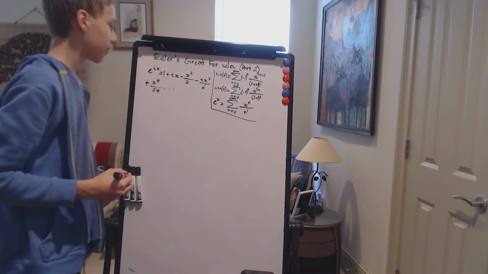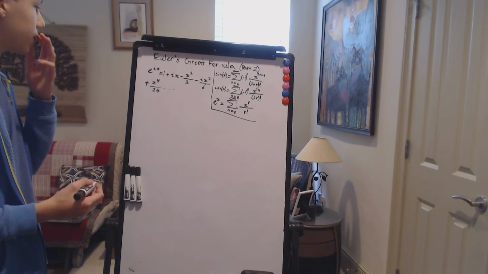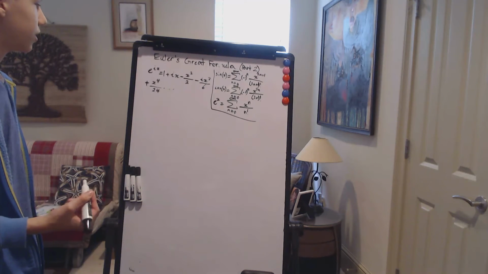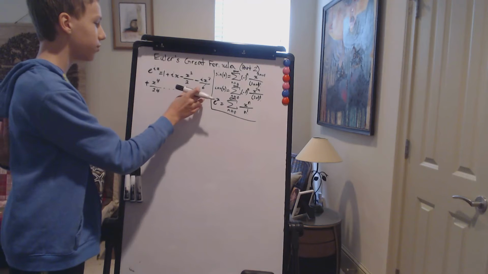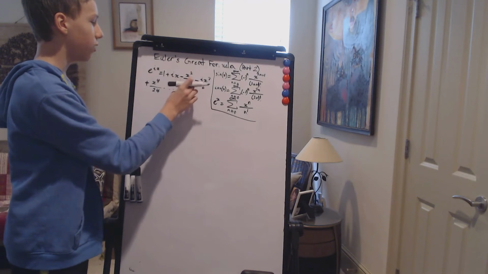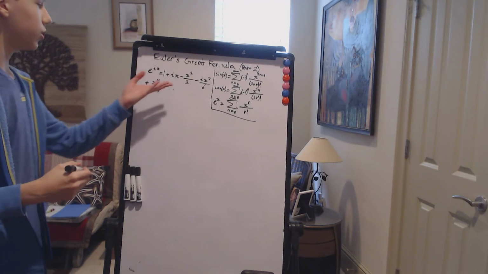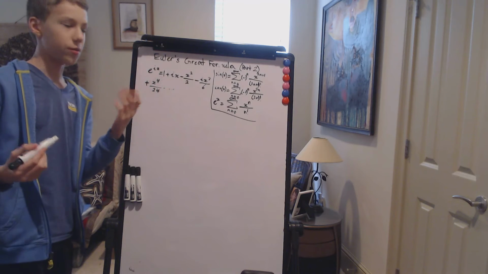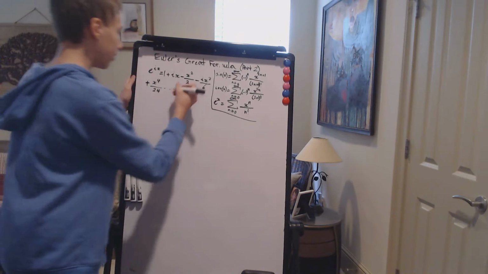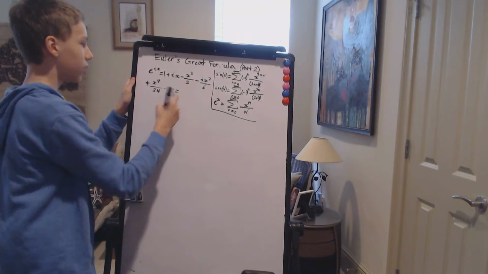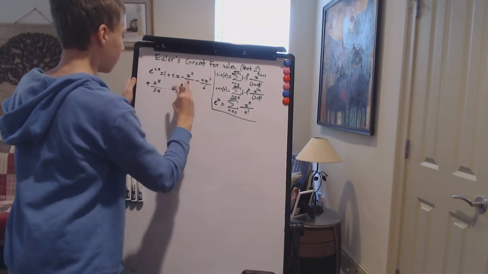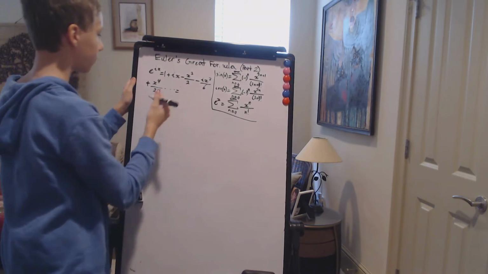And you see, maybe you might consider collecting some of the terms. What if we collect all the terms with i in them, and collect all the real terms with each other and all the imaginary terms with each other. So this equals, let's collect all the real terms first.